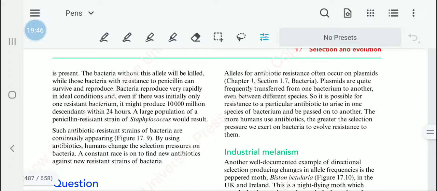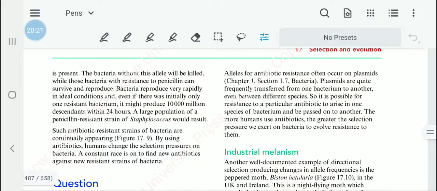As a result, when they reproduce, one single bacterium which produced this mutation will produce 10,000 million bacteria within 24 hours, and as a result, you will get Staphylococcus bacteria which cannot be deactivated or destroyed by penicillin.